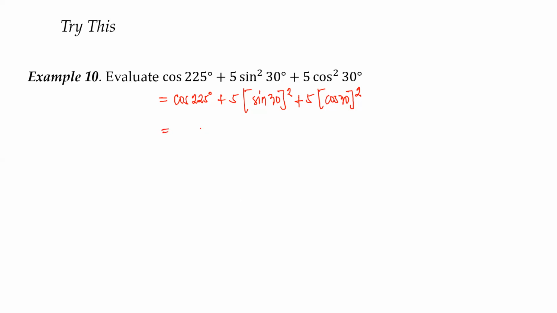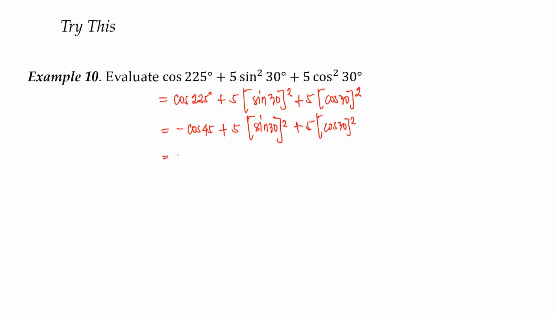So this is equal to negative cosine 45 plus, let me copy this one, 5 sine 30 squared plus 5 cosine 30 squared. Then we substitute the values.